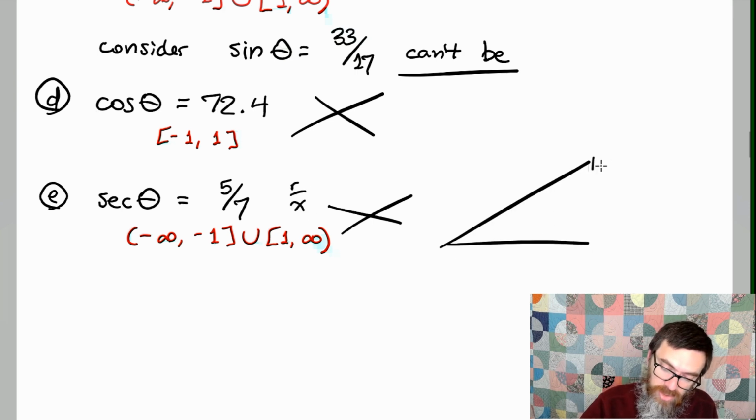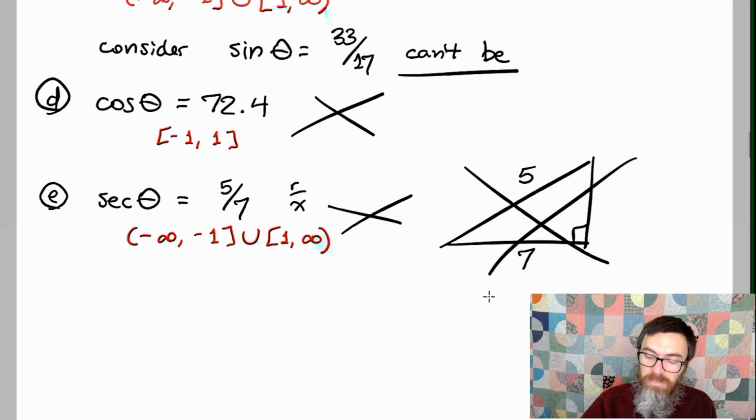And if I tried to construct a right triangle like that, where my r is 5 and my x is 7, that is an impossible triangle. We can't do that. Your hypotenuse cannot be anything less than the longest side. So you can't have the leg of a right triangle being longer than the hypotenuse. It doesn't make any sense.